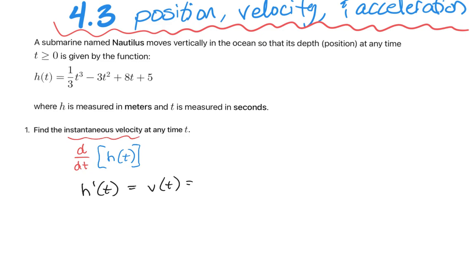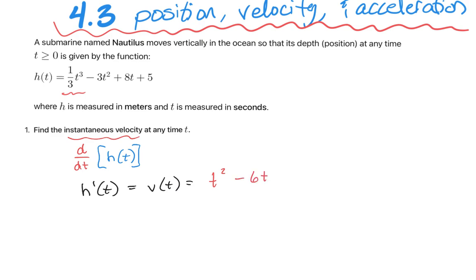When we do the derivative, we're just using the power rule. For 1/3 t cubed, we multiply by 3, and 3 times 1/3 is just 1, so t squared. Knock the degree down one notch. Our next term is negative 3t squared, and the derivative of that, following the power rule, is negative 6t.